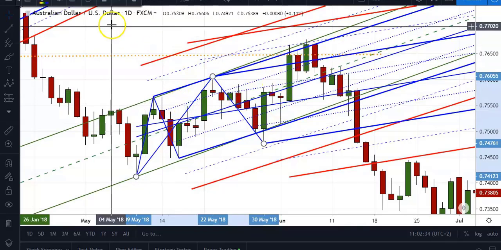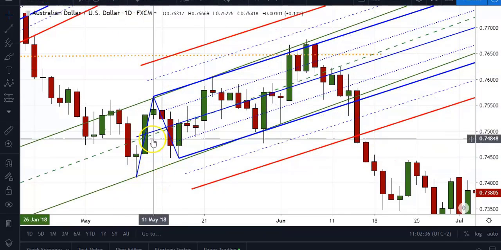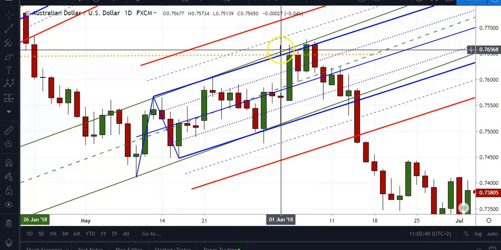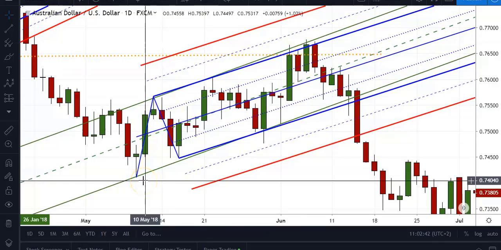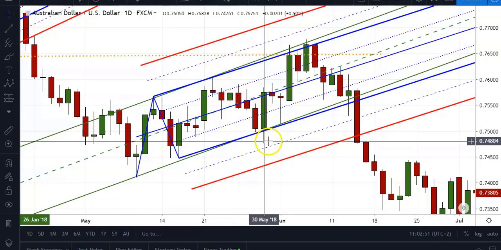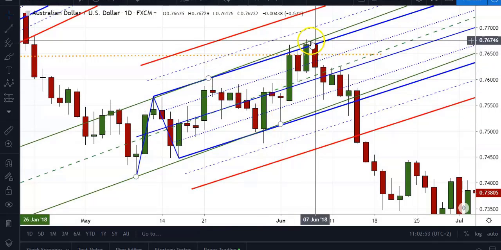And in this example, just as a quick tip, whenever you see an ABC move that actually becomes more complex, then you're probably dealing with what we call a double zigzag, or 2 times an ABC joined by 1. So we have an ABC, price comes down, we have another ABC.